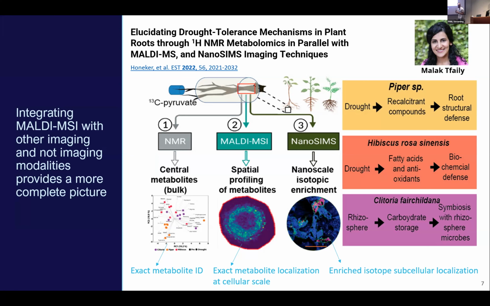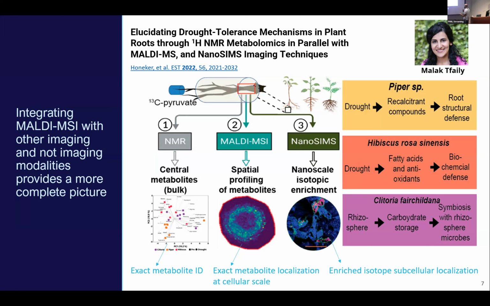But we also suffer on exact metabolite ID, because here we measure molecular formulas of the compounds. Many compounds, which we call mass isomers, can have the same molecular formula but different structure. So in that sense, in MALDI mass spectrometry imaging we are limited to the exact molecular formula, but not necessarily the exact metabolite ID. Then we can use NanoSIMS, which can go to subcellular resolution.